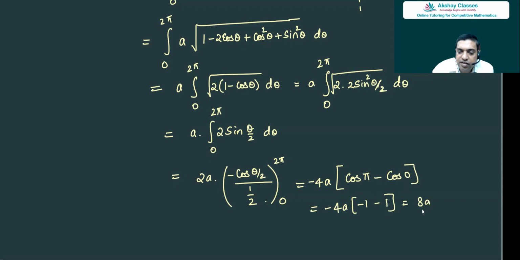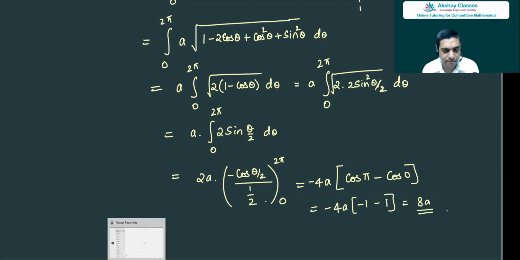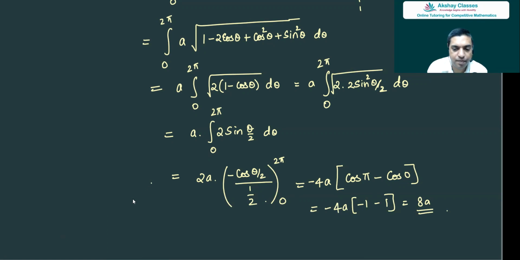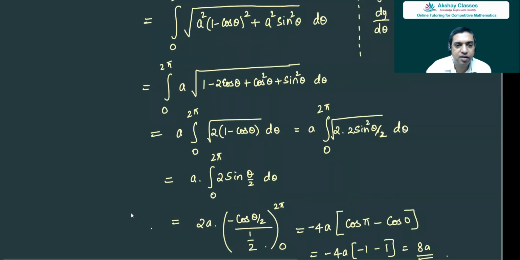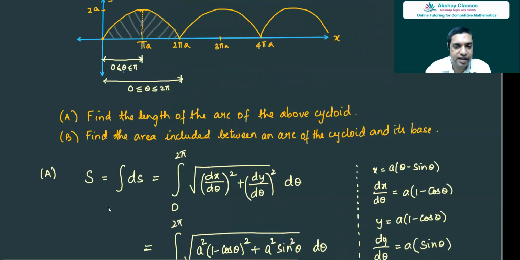So this is 8a. So the length of the arc is 8a. Please check wherever a mistake has happened in the integral. So the arc length of the cycloid is 8a.